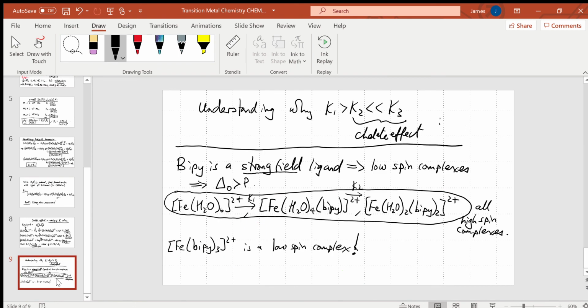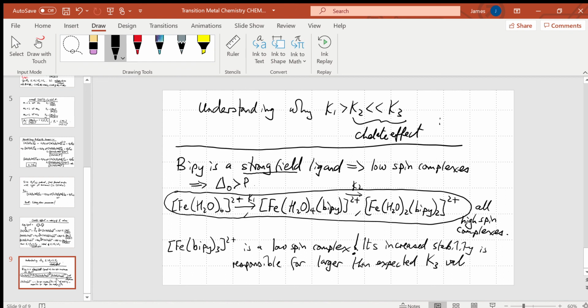So this increased stability, that's what's responsible for this large K value. Its increased stability is responsible for the larger than expected K3 value.